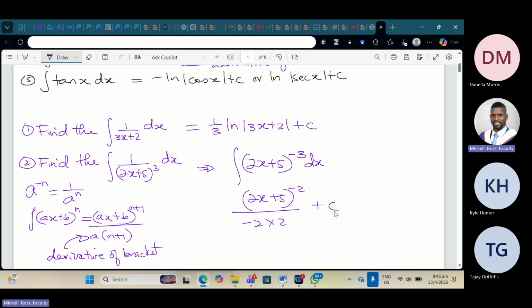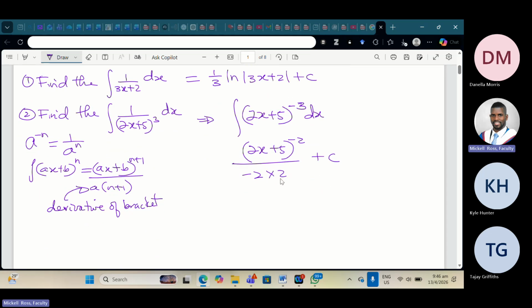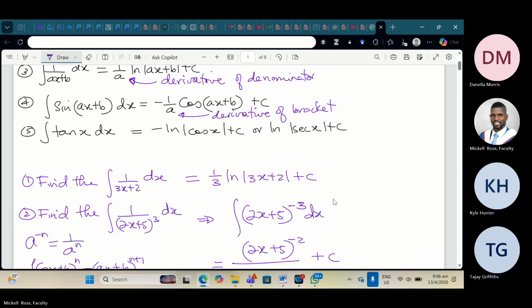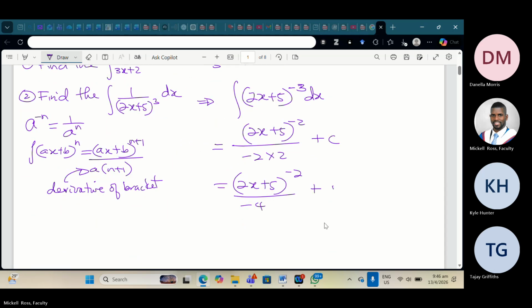We have to add the plus c because it's an indefinite integral. So this is just simply 2x plus 5 raised to the negative 2 divided by negative 4 plus c.